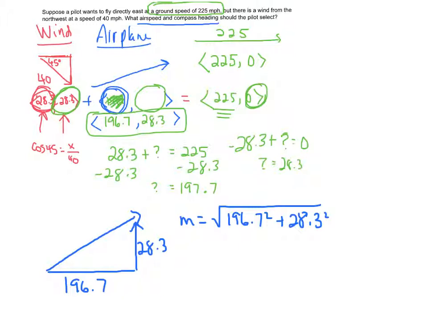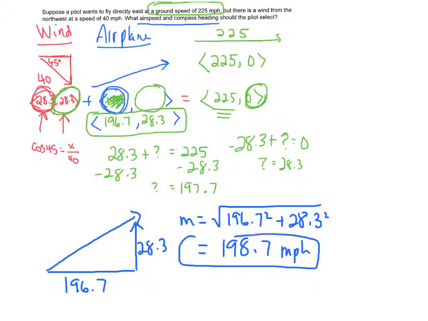Let me plug this in my calculator. When I do that, I get 198.7 for my magnitude, and that would be in miles per hour. So I've got my magnitude, 198.7 miles per hour. Now I need to figure out my angle, theta. To do that, I'm going to do tangent inverse of 28.3 over 196.7.